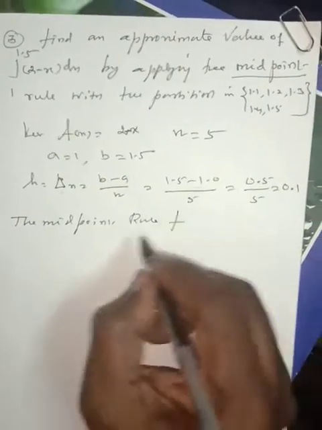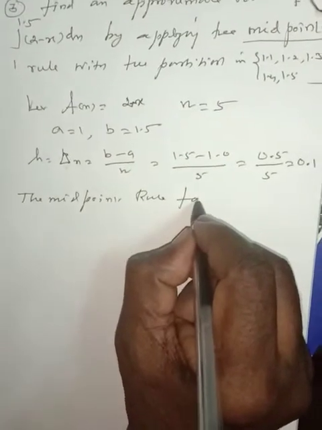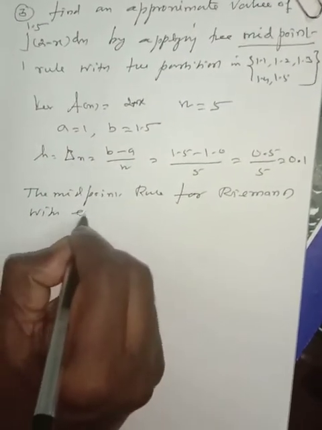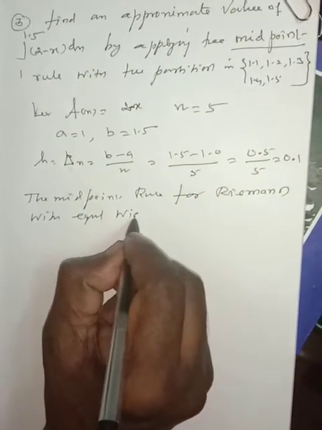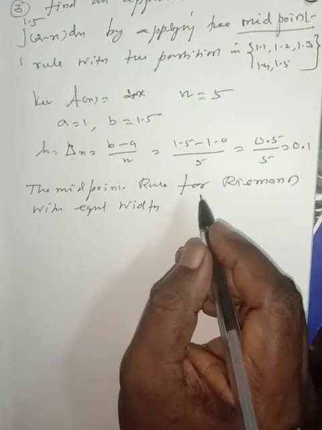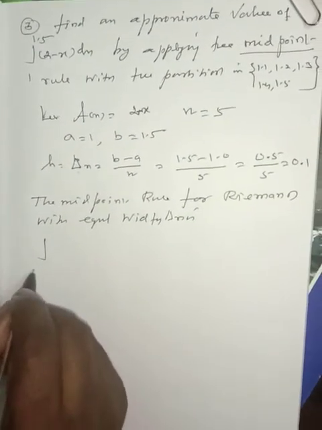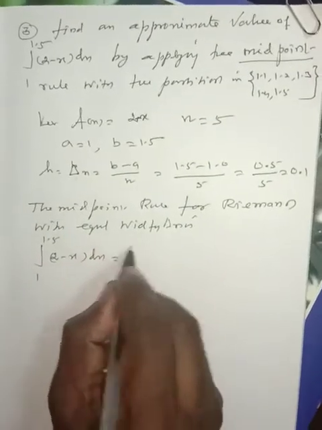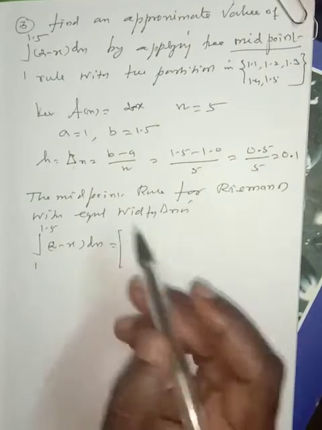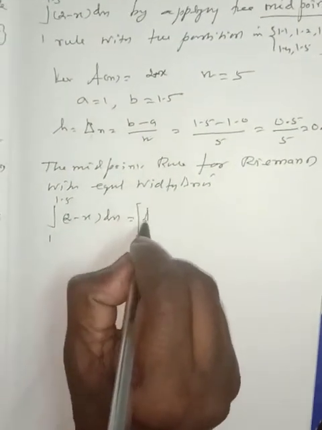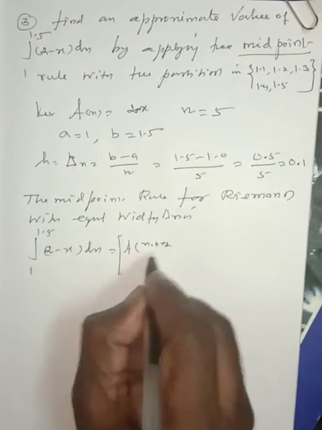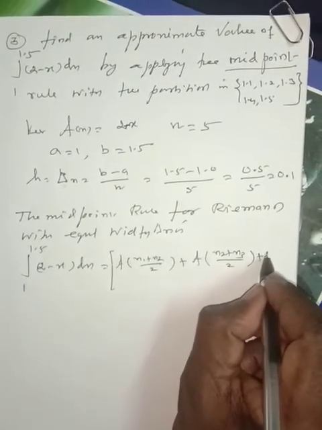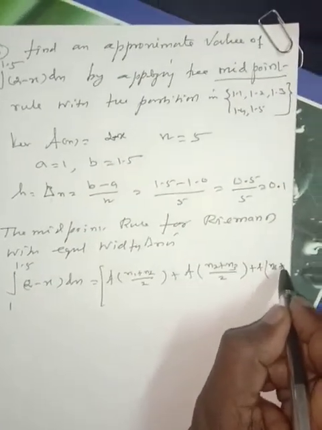Now the midpoint rule for Riemann, the integral from a to b, in this case 1 to 1.5, of 2 minus x dx. dx means del x is equal to, first including lower and upper limit, midpoint is given, therefore f of x1 plus x2 divided by 2 plus f of x2 plus x3 divided by 2 plus f of x3 plus x4 divided by 2.